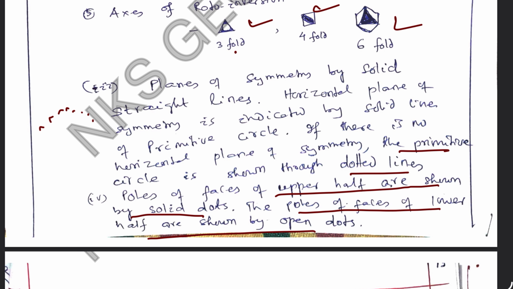The planes of symmetry are shown by solid straight lines, or by solid arcs, or by solid circles.